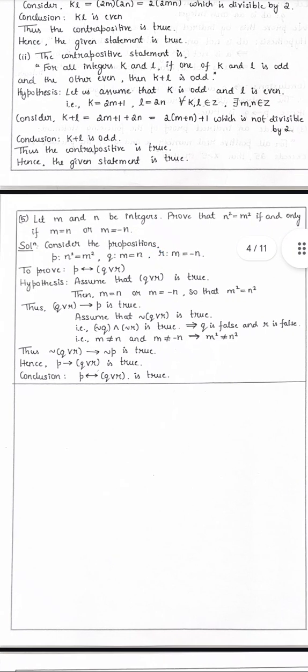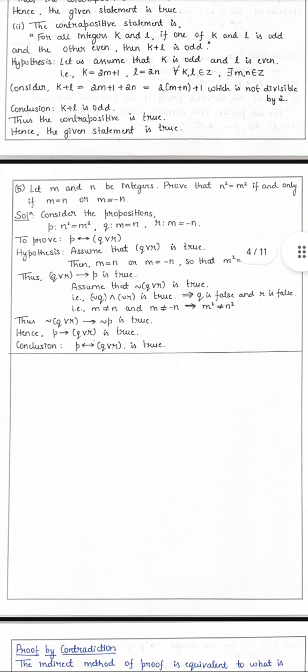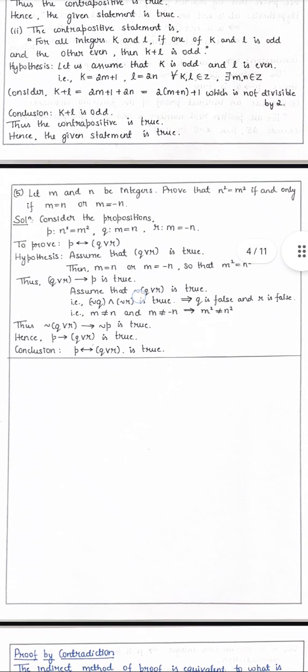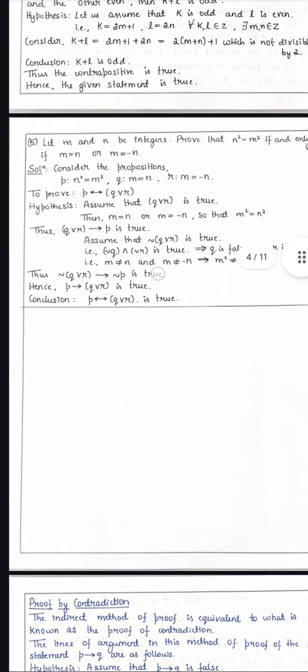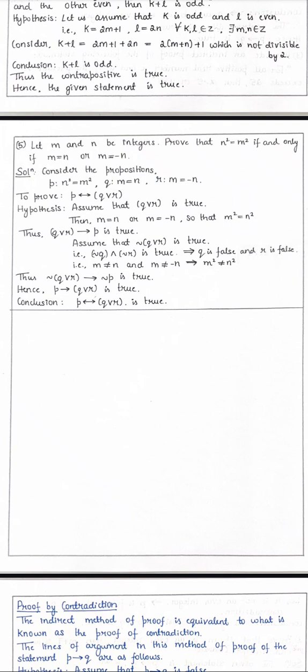Then let m and n be integers. Prove that n squared equals m squared if and only if m equals n or m equals minus n. So consider the propositions P. This is for the indirect proof.